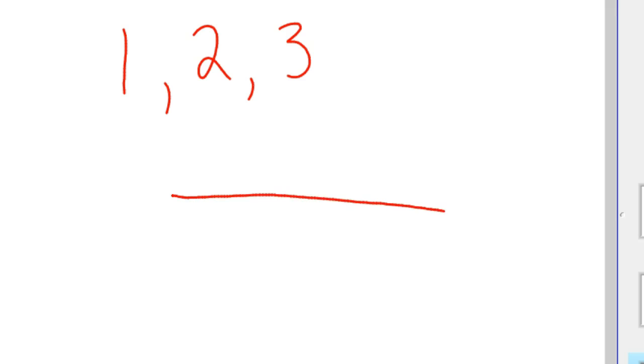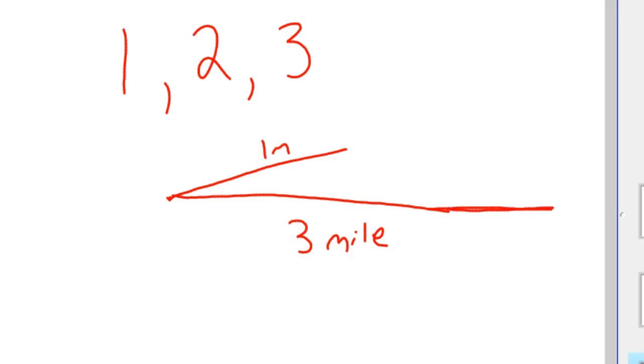Let's say you have 3 here, 3 miles. And we wanted to attach a 1 mile piece to it and a 2 mile piece to it. Well, that wouldn't be 3 miles, and we need to make it a little longer. And so maybe it looks something like this.